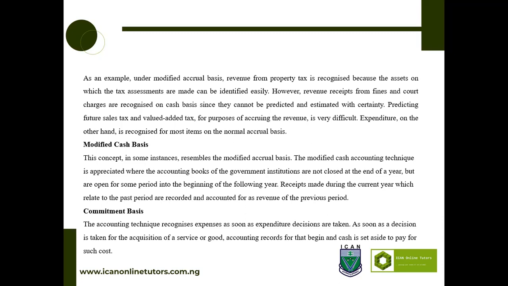So receipts made during the current year, which relate to the past period, are recorded and accounted for as revenue of the previous period. We have the commitment basis. The commitment basis is the accounting technique that recognizes expenses as soon as expenditure decisions are taken.